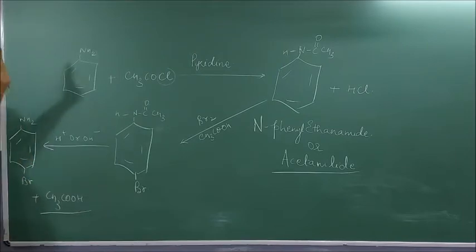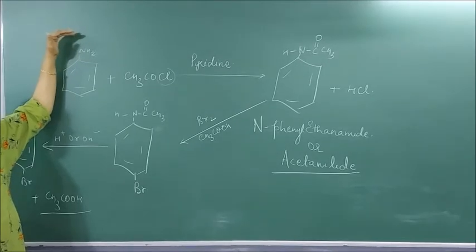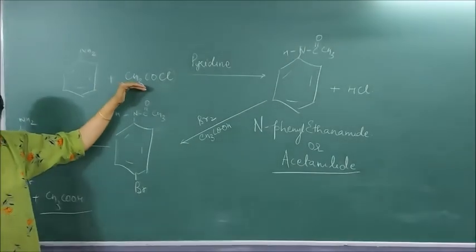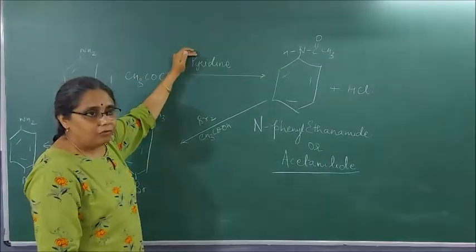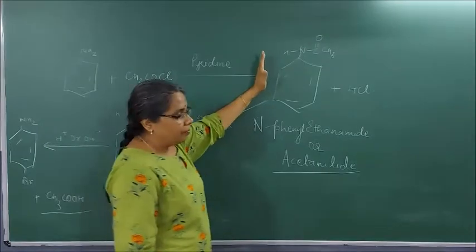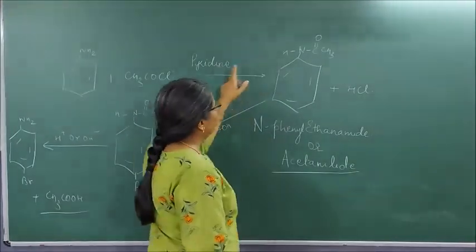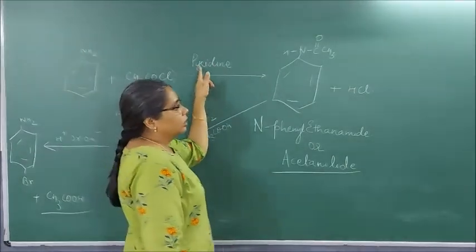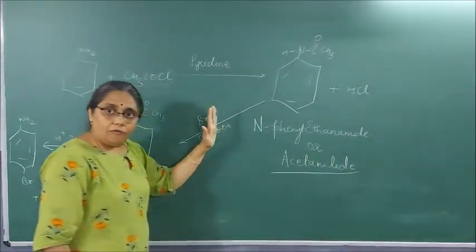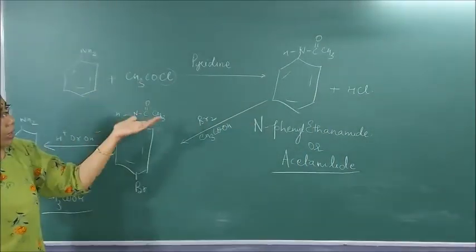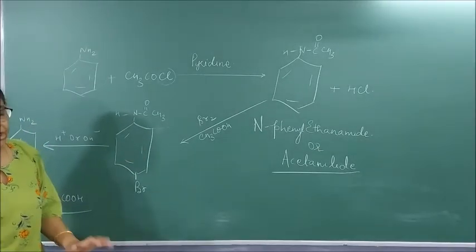If I want to reduce the activity of the NH2 group and want to go in for mono substitution, I need to react it with acyl chloride or with acetic anhydride in presence of what? Pyridine. I get a compound N-phenyl ethanamide or acetanilide. Pyridine is used in this reaction so that it easily absorbs the HCl formed and the reaction proceeds in the forward direction, so the yield of N-phenyl ethanamide increases.